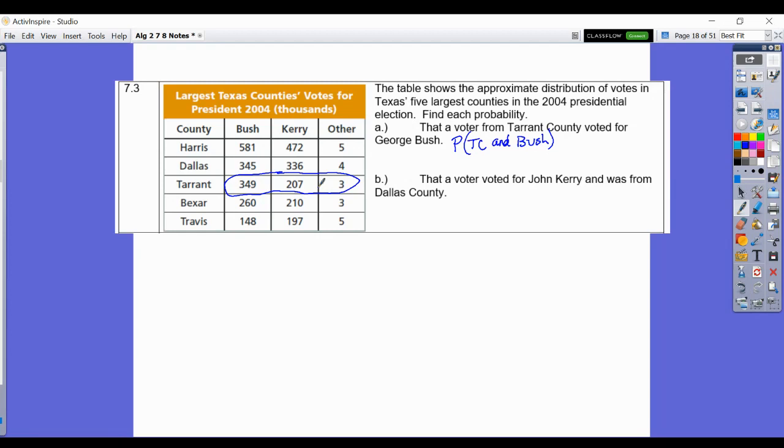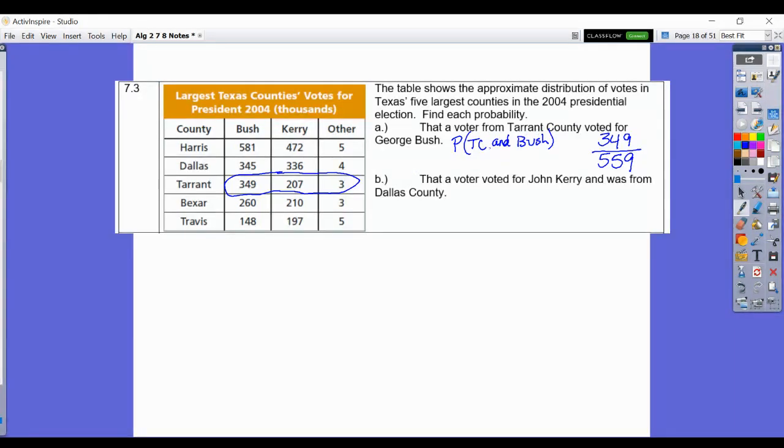So how many people are there in Tarrant County here? We're going to add these up. There are 559. And out of those, how many voted for Bush? 349. So that's actually not even an independent or dependent event. It just is out of Tarrant County, how many voted for Bush?